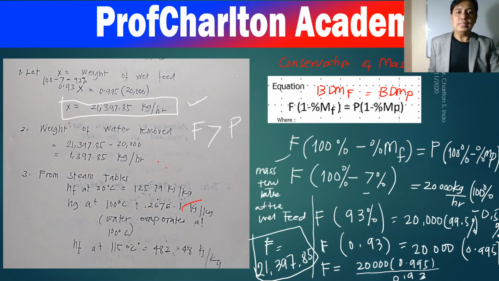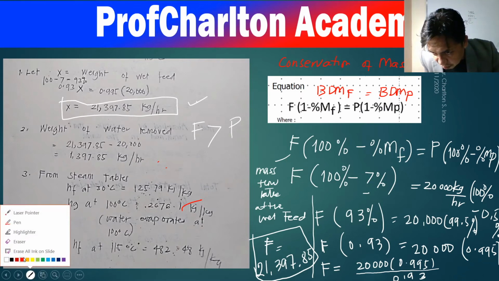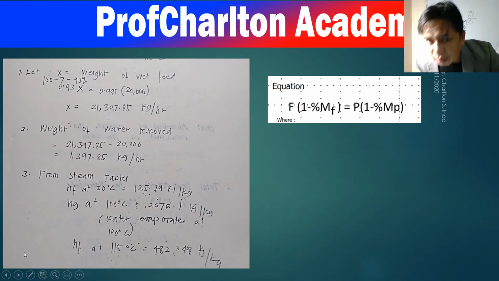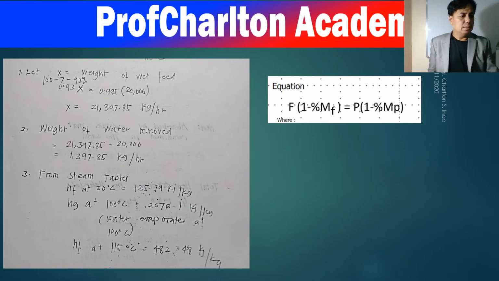Now we go to the second. Let me erase everything so that we have space. The second question is, what is the weight or the mass of the water removed? Or what is the water content that is removed or evaporated?